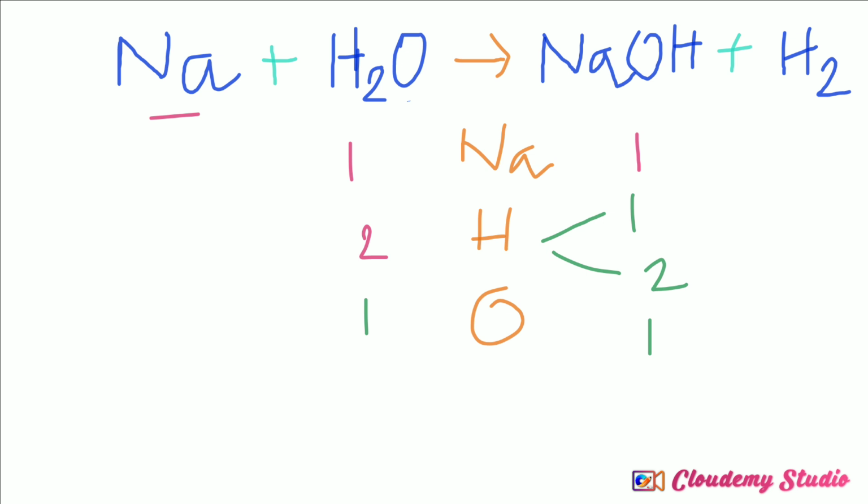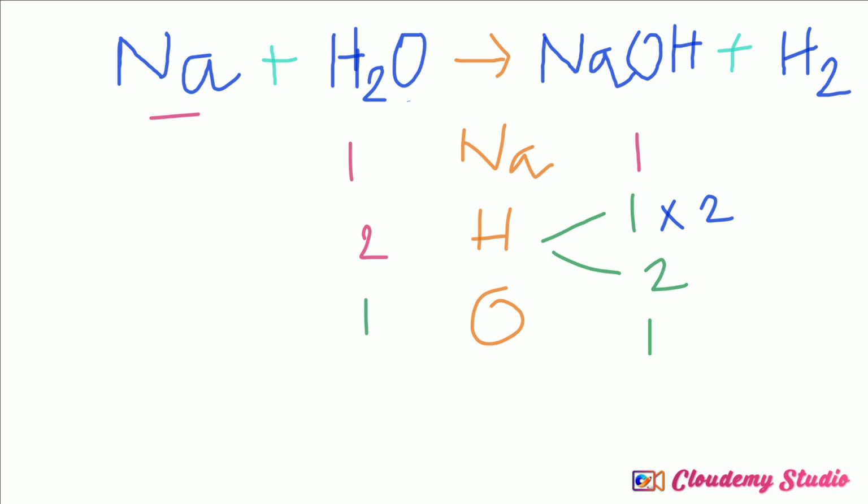Therefore, this odd number we need to make into even number by multiplying by 2. So we are multiplying this odd number 1 by 2. As a result, it will become 2.